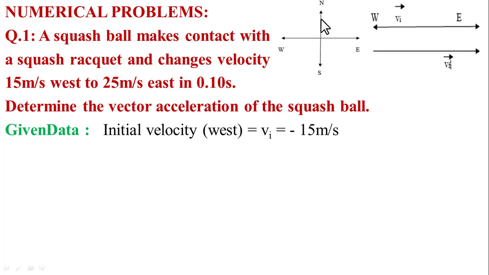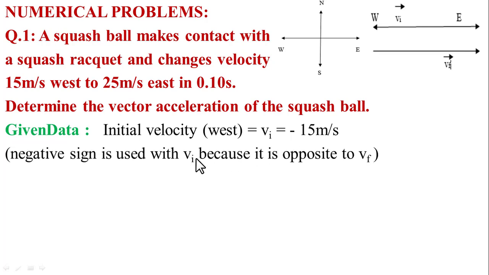Similarly, toward the upward the value is positive and toward the downward the value will be negative. So initial velocity in the direction of west will be negative. So Vi is equal to minus 15 meter per second, and the negative sign is used with the initial velocity Vi because it is opposite to Vf.